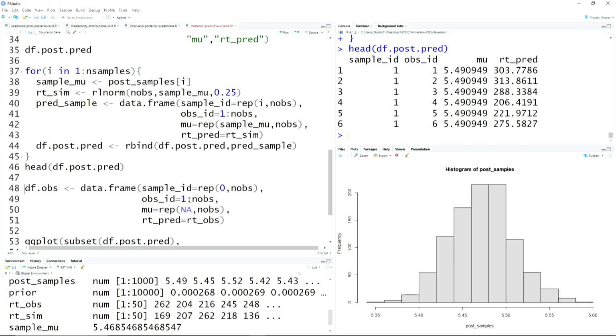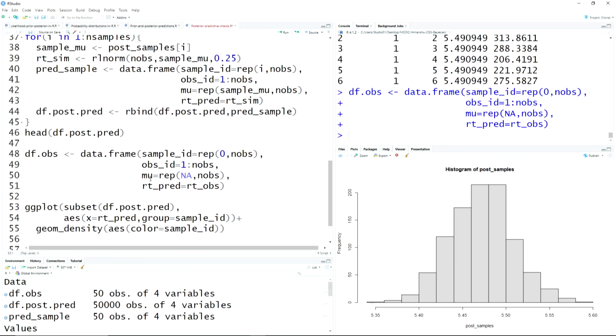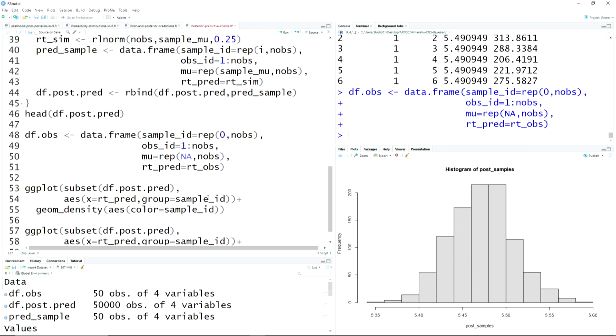Now I can create another data frame that will store the observed data, because I want to compare observed data against posterior predictive data. So, it would be useful to have this data frame. It has the other columns the same. The main thing is that the reaction time column, RT pred, in this particular data frame would be RT obs. Now, let us visualize how posterior predictive data looks and how observed data look. Our goal is to compare them.